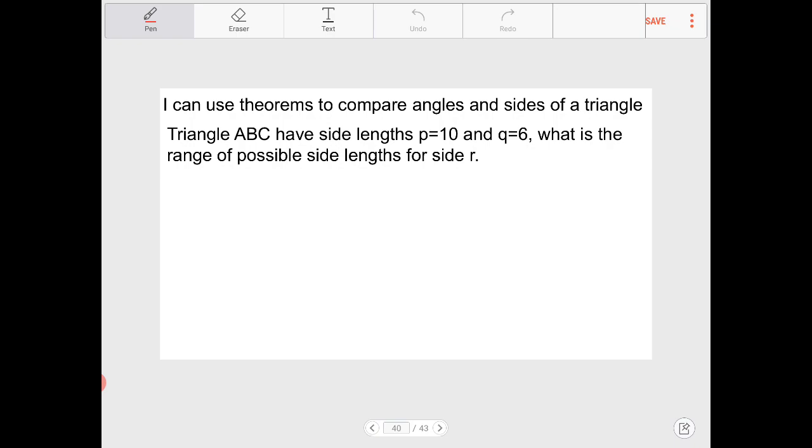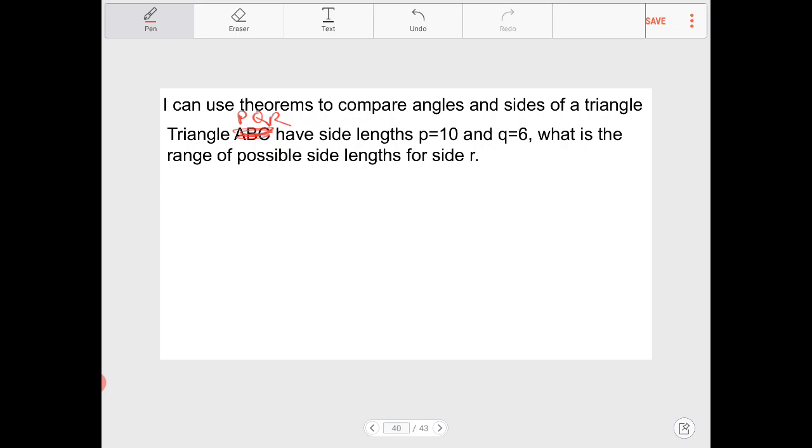Triangle ABC has side lengths, I'm sorry, this should say PQR, not ABC. Triangle PQR has side lengths of P equal to 10 and Q equal to 6. What is the range of possible side lengths for side R?